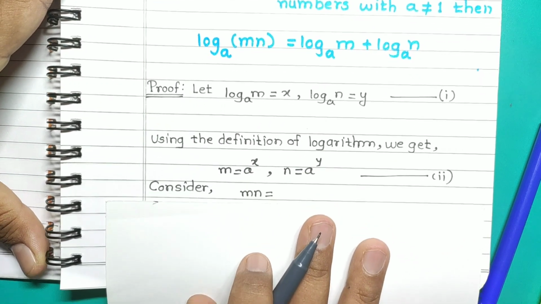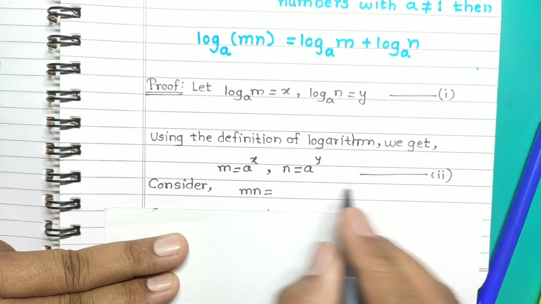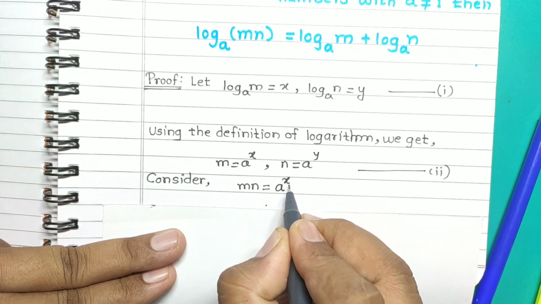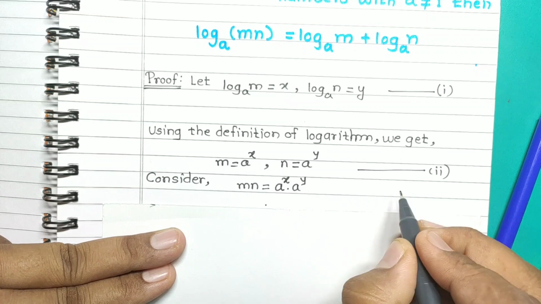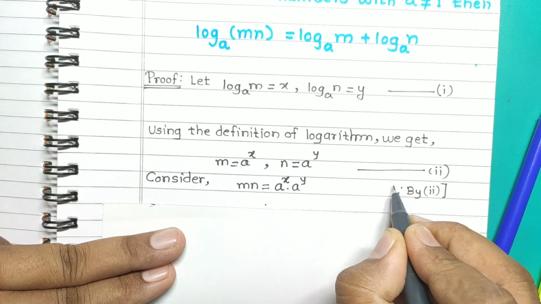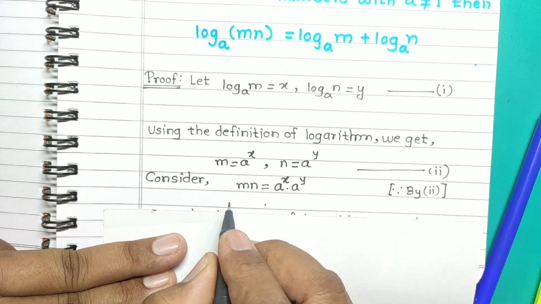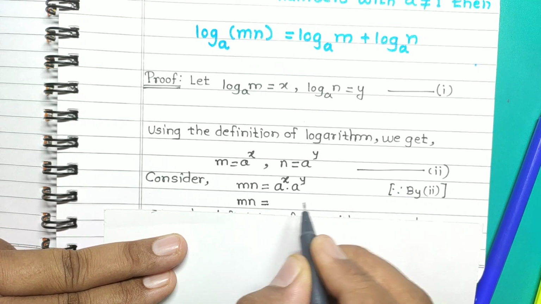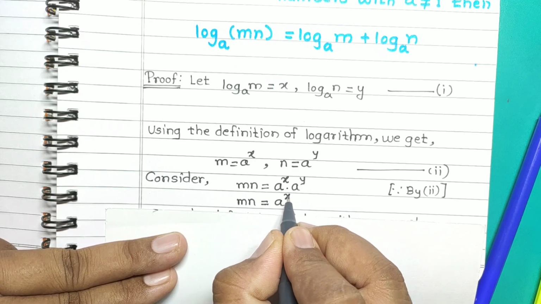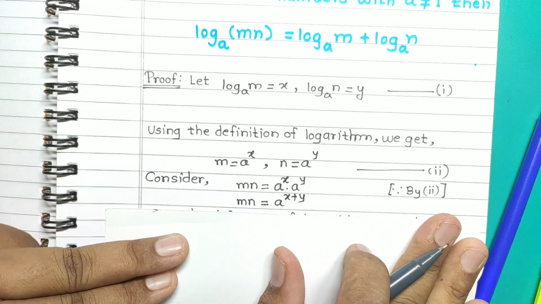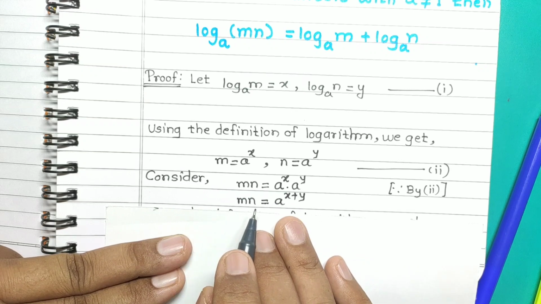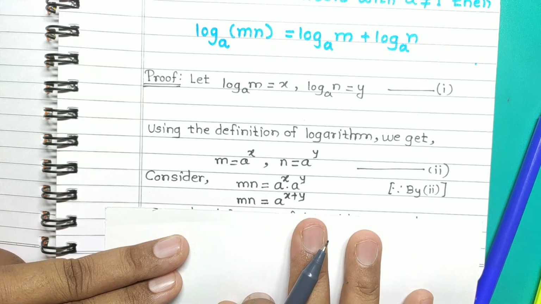Then consider the product mn. From equation 2, mn is equal to a raised to x into a raised to y. By rules of indices, this is a raised to x plus y. Again we convert this exponential form to logarithmic form using the definition of logarithm.